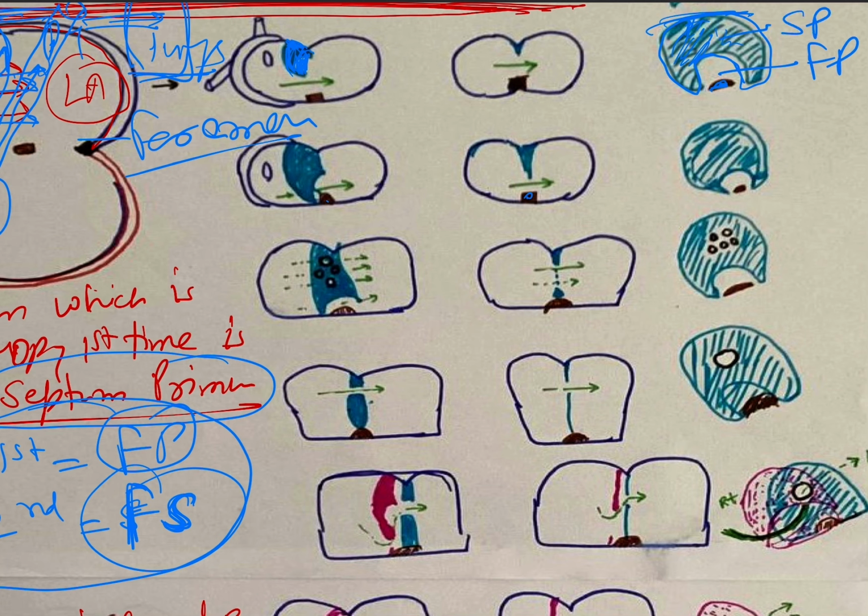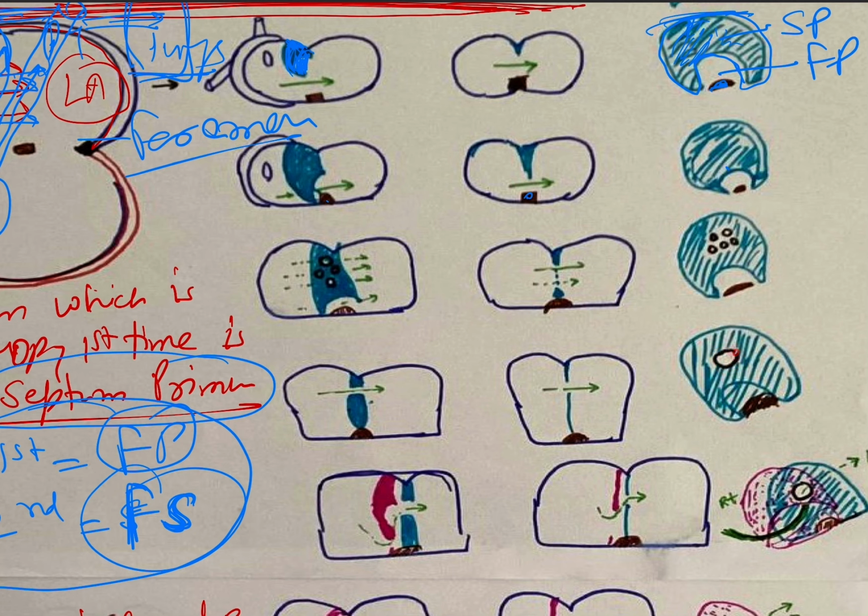Gradually what happens, this septum primum starts going toward this endocardial cushion. When it is going toward the endocardial cushion, this gap starts filling. Before that, some fenestrations or pores start developing at the upper pole of septum primum. All these pores or fenestrations meet each other and form a large opening.